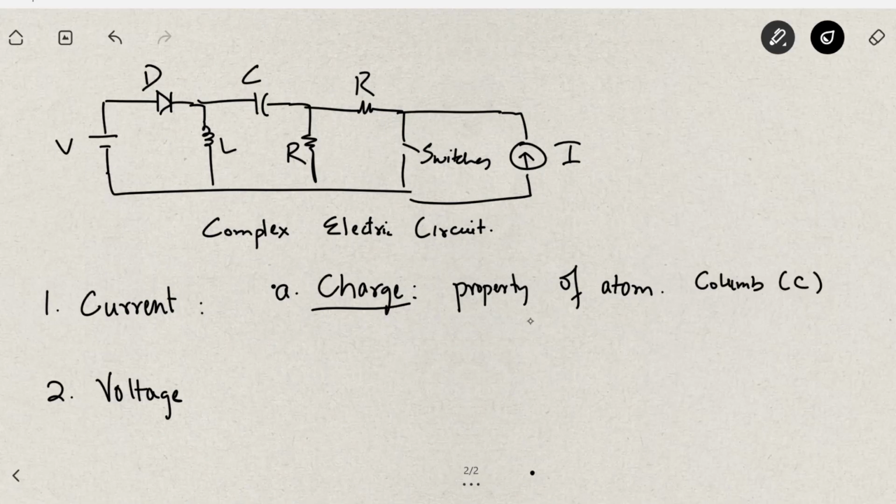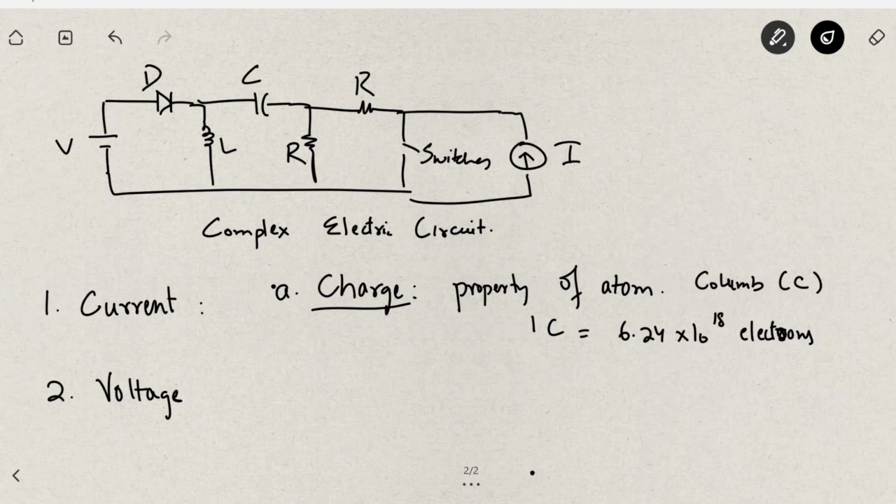So one coulomb is actually defined as the amount of charge of 6.24 into 10 raised power 18 electrons. One coulomb is actually the charge of 6.24 into 10 raised power 18 electrons.